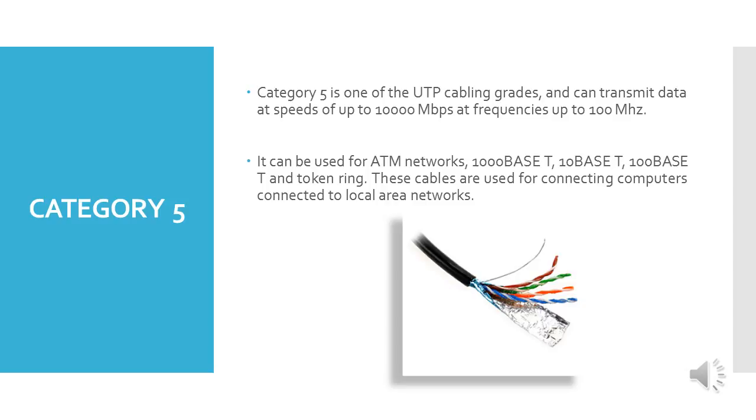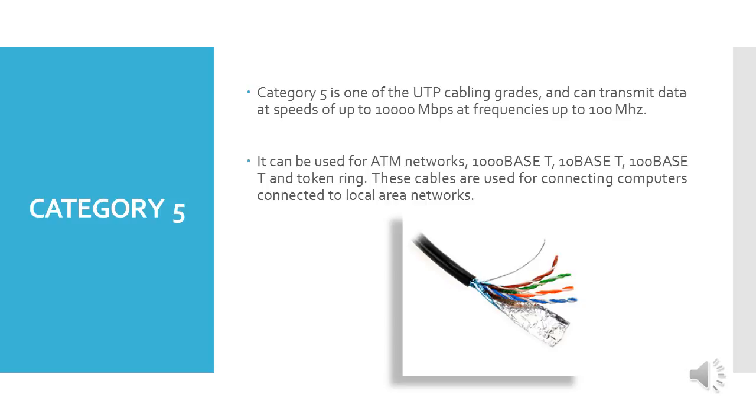Well, I have to explain categories 5 and 5E of the UTP cable. Category 5 transmits data at speeds of up to 100 megabits per second and frequencies up to 100 MHz.